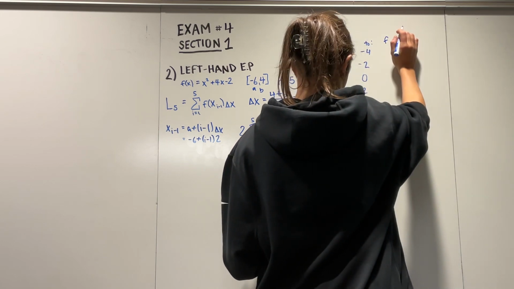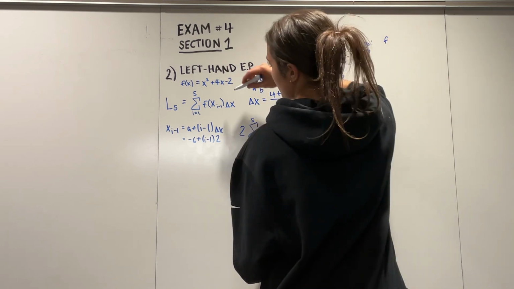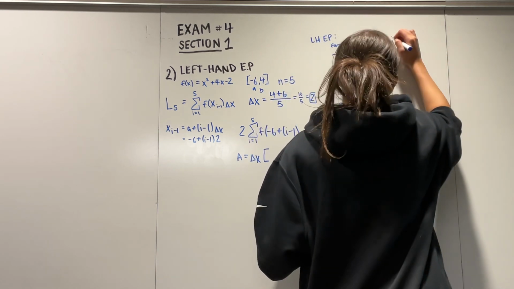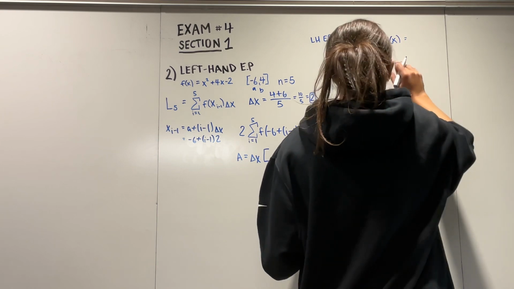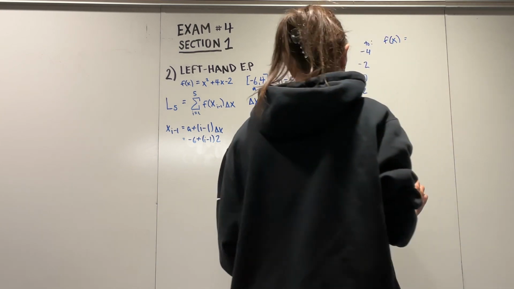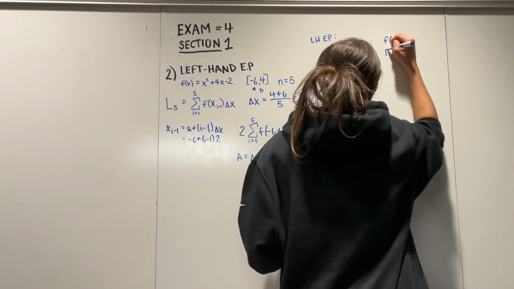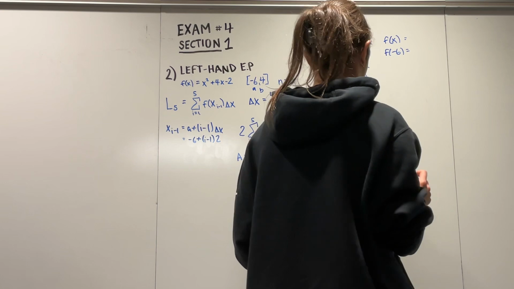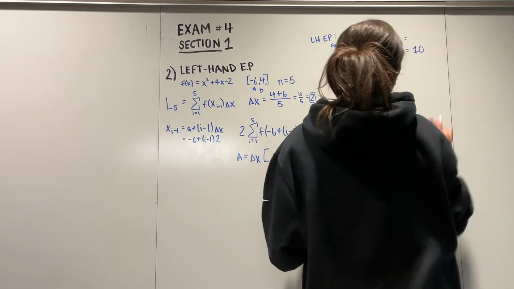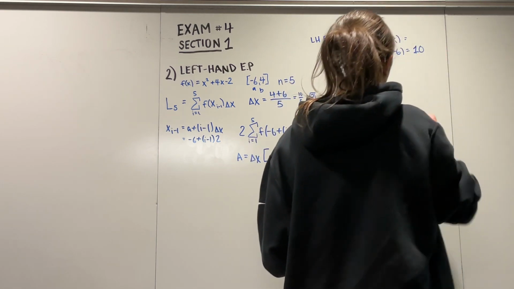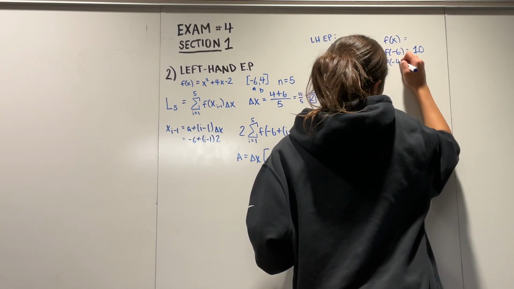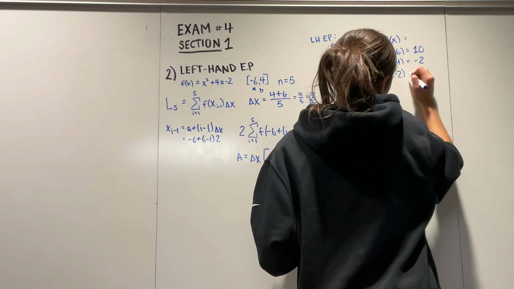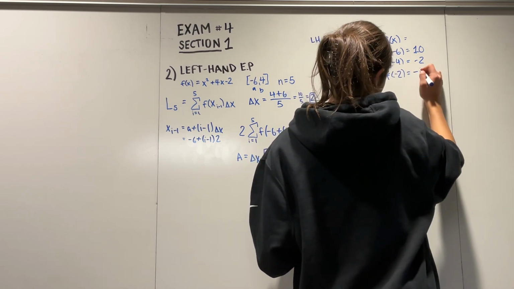So we're going to plug it in. We're going to do f of x. So this original equation of x. And then we're gonna put in -6, -4, all those values. And so f of -6 equaled 10. And then f of -4 is going to be equal to -2. F of -2 is going to be equal to -6.